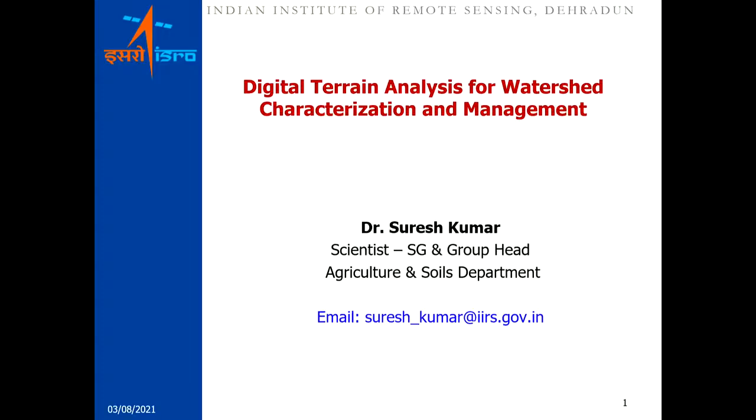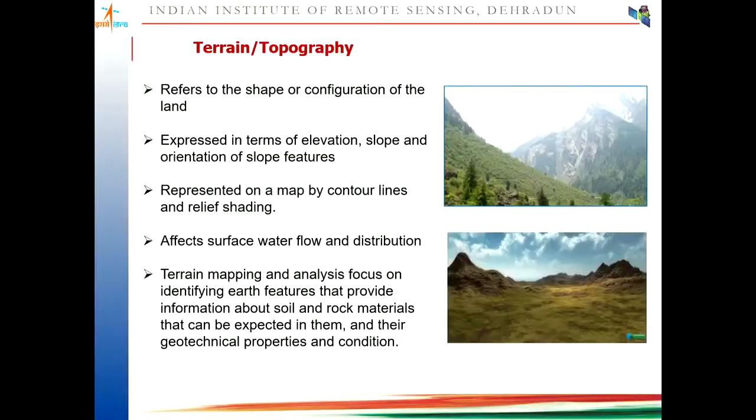The parameters we retrieve are very useful for land use planning or planning for soil and water conservation measures. Some terrain parameters are required. How those parameters can be retrieved from GIS analysis using digital elevation models will be discussed in great detail.